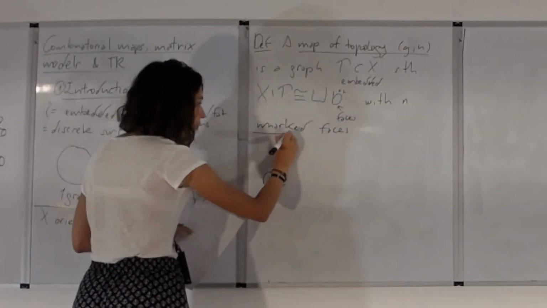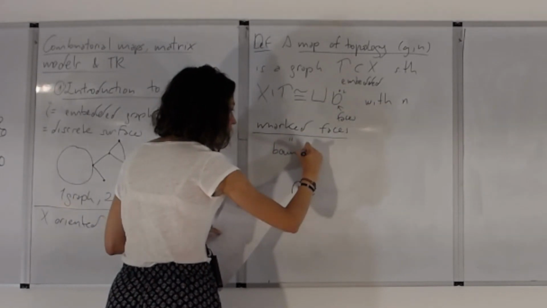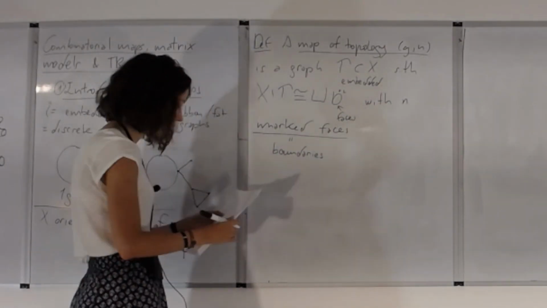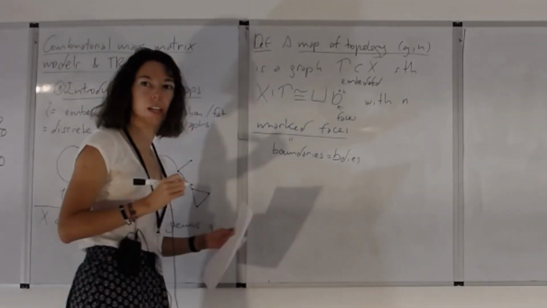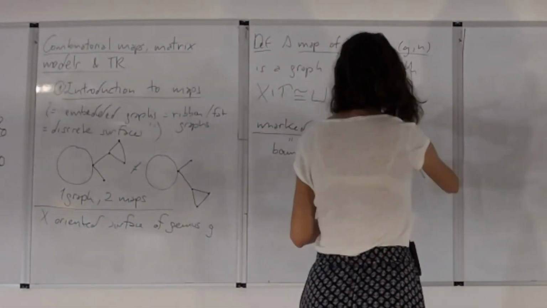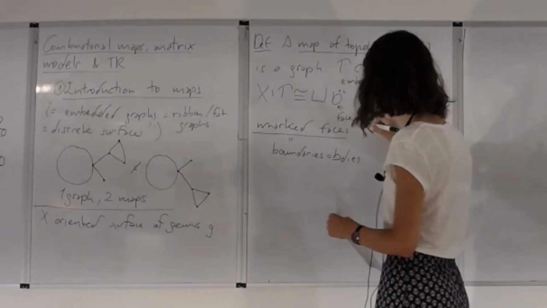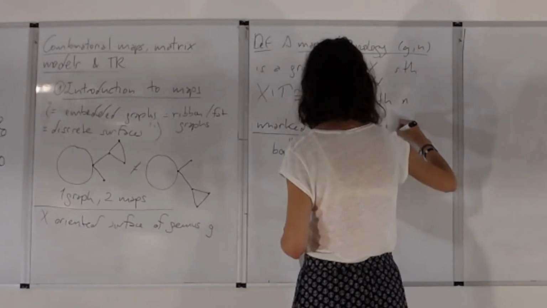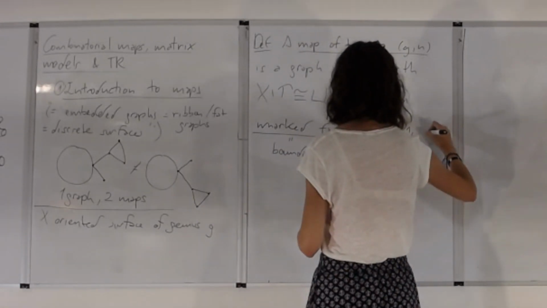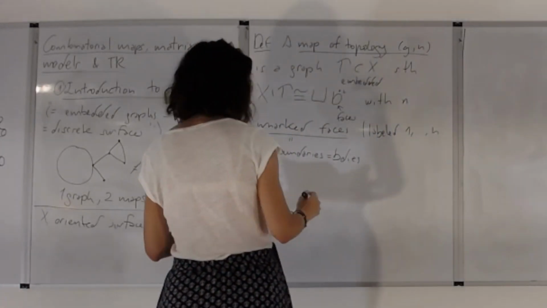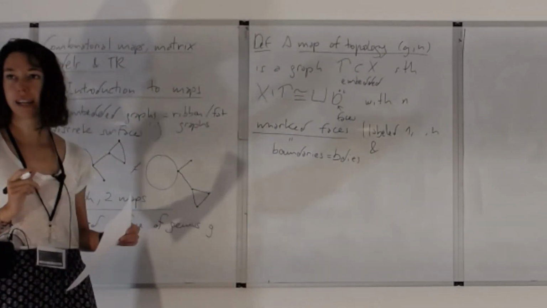By the way, marked faces will be called all the time boundaries, which I very often write like this. I'm a bit lazy writing. And the way to mark these faces is we label them from 1 to n, so they are ordered. And we also mark one of the edges.